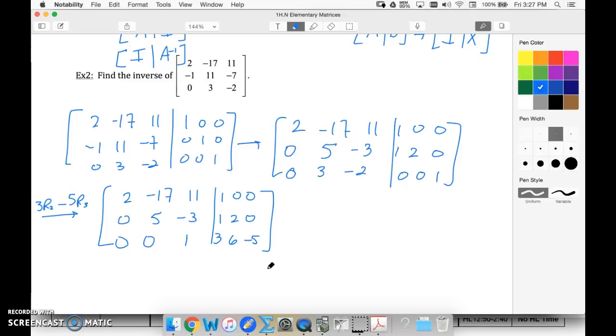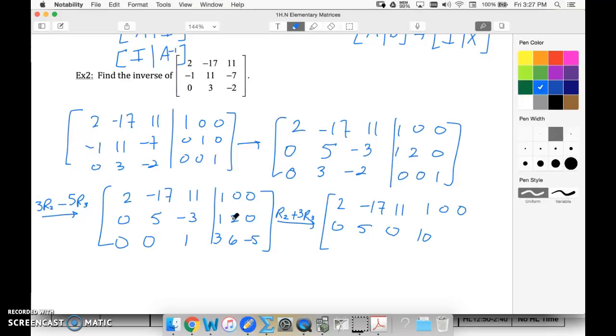All right. I'm going to get rid of this 3. So row 2 plus 3 row 3. All right, row 2 plus 3 row 3.